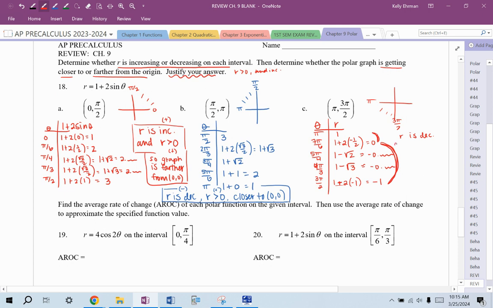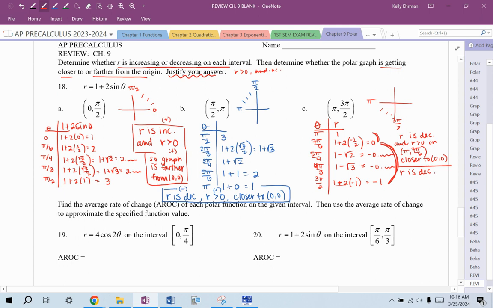So r is decreasing, and r is greater than 0 on pi to 7 pi over 6. So that means that decreasing, negative, coupled with a positive, the graph is getting closer to 0, 0 on that section. And then r is still decreasing because it's getting more and more negative.